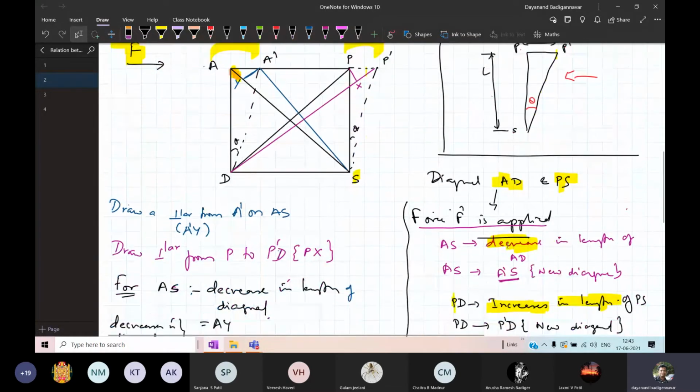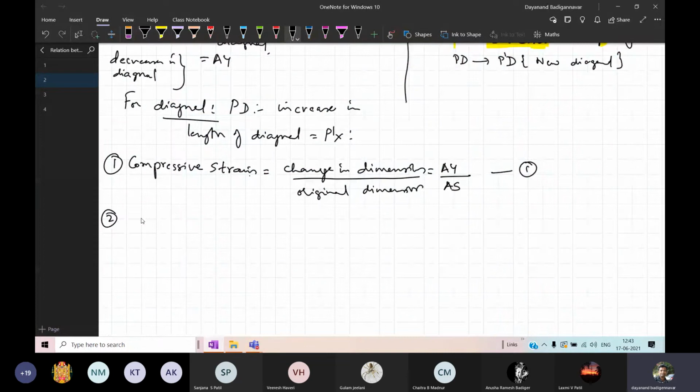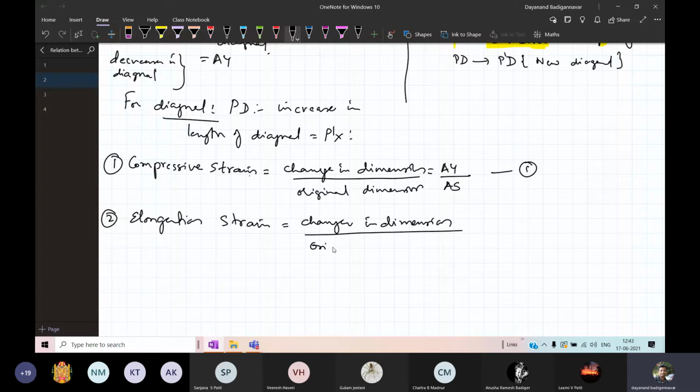Once the compressive strain is over, then I can write the elongation strain, the same thing as we have done now. Elongation strain means again change in dimension to the original dimension.